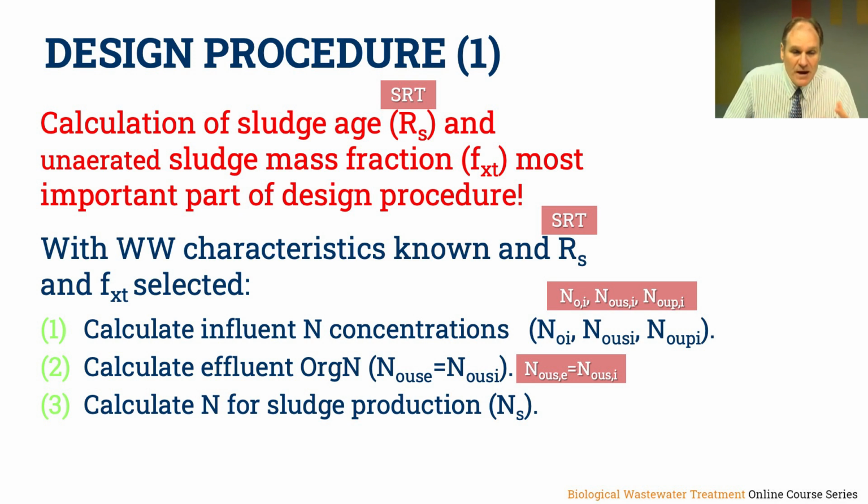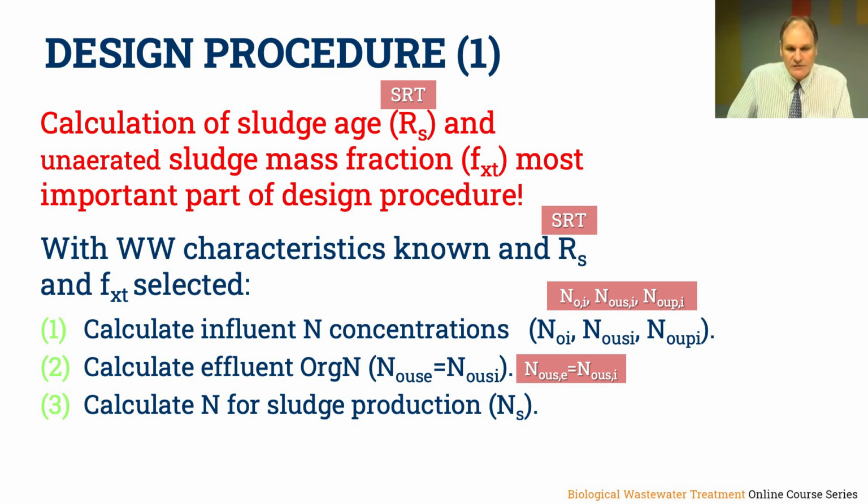Once we've made some decision regarding the sludge age and the unaerated sludge mass fraction, then we calculate the influent nitrogen concentrations. We calculate the organic nitrogen concentration, which is the difference between our measured TKN and our measured free and saline ammonia. We calculate what the unbiodegradable dissolved organic nitrogen concentration is, and we calculate what the unbiodegradable particulate organic nitrogen concentration is.